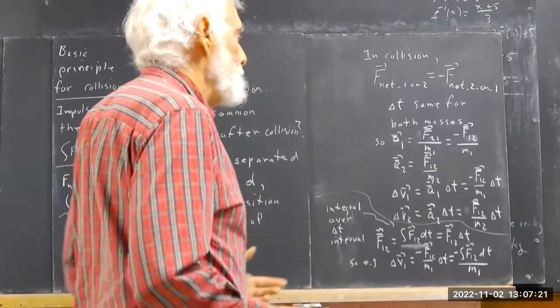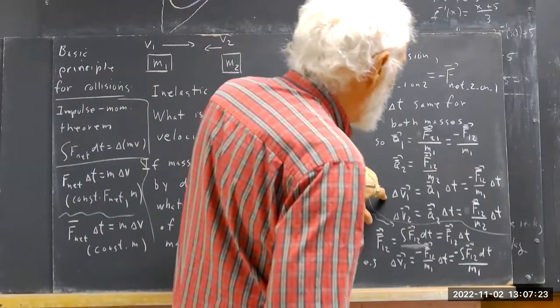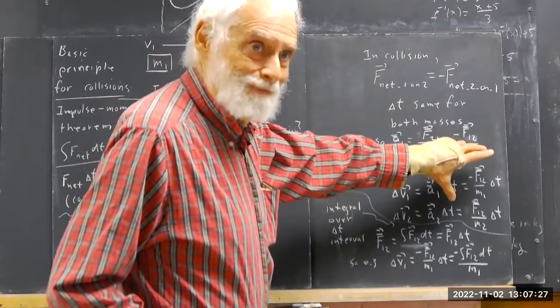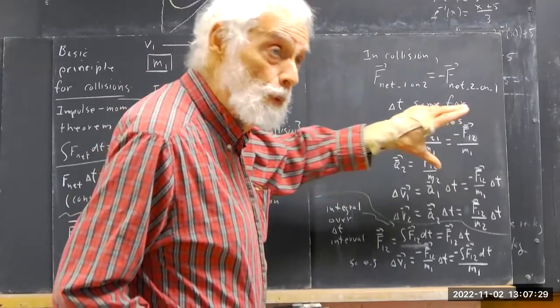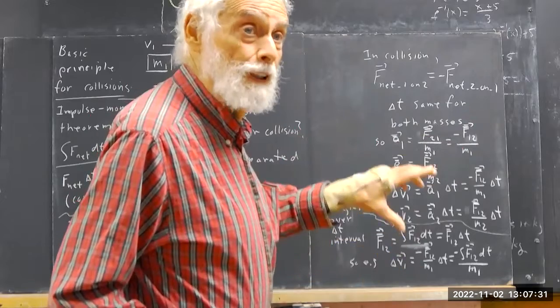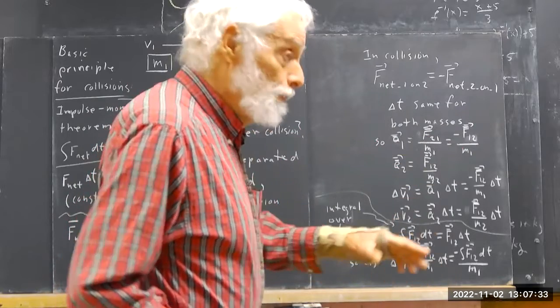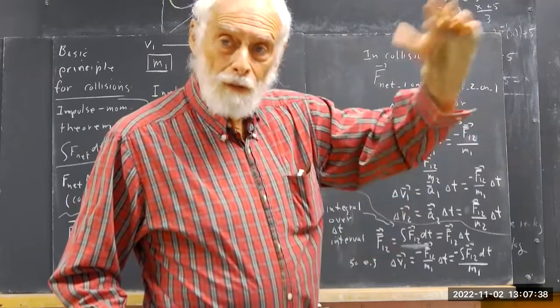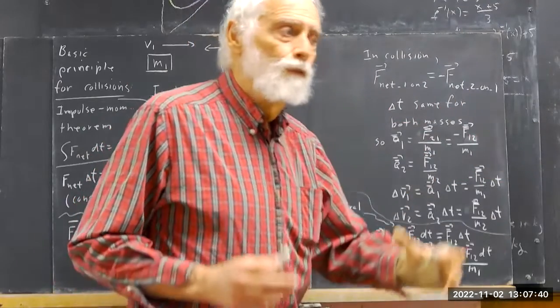Now, again, in the case of a collision, it's actually simpler to just express it in terms of the average force, but you want to keep in mind how the average force is obtained because you do have problems where you have a force diagram. Often you have kind of a Gaussian force.